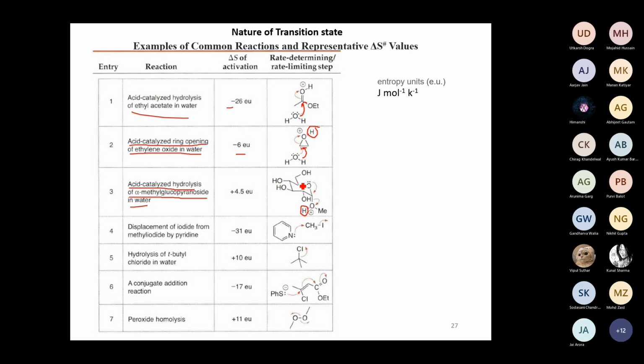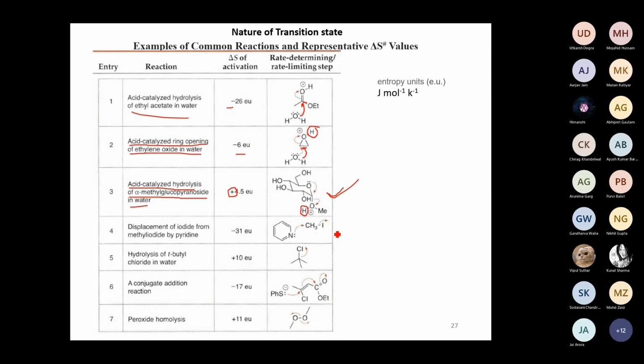This is the acid catalyzed hydrolysis. So this is the proposed mechanism. You can do it the reverse way. From the sign, you can determine what is going on in the transition state or rate determining step, or in the opposite way, if this is the proposed transition state or rate determining step, then you can also predict what will be the del S of activation. You can see it is very clear.